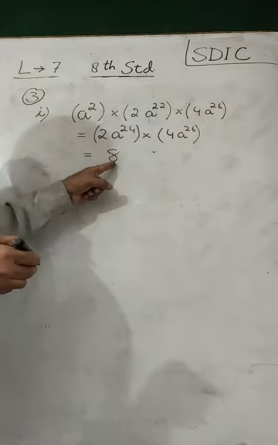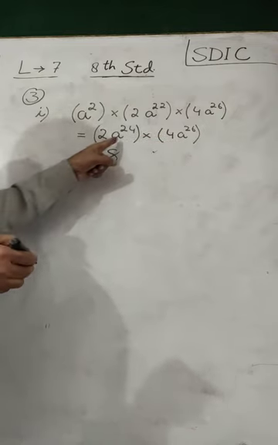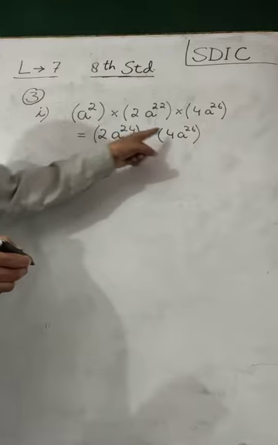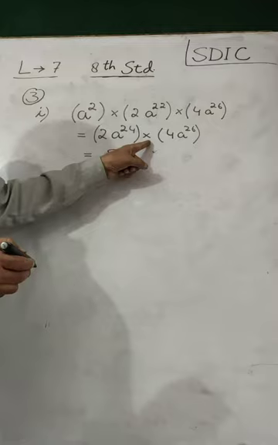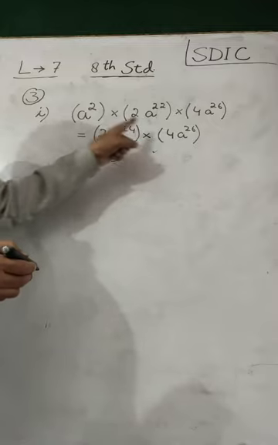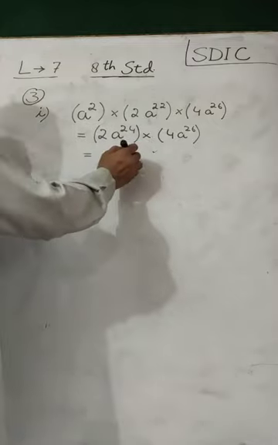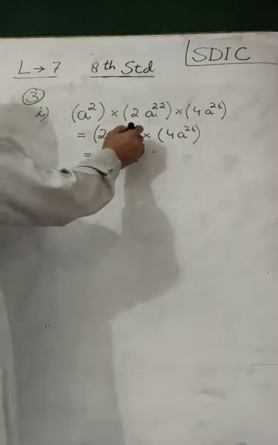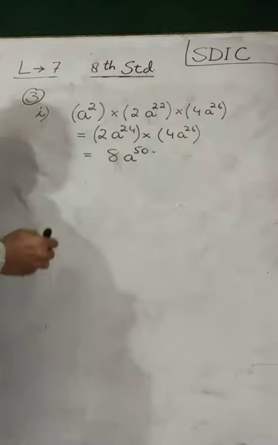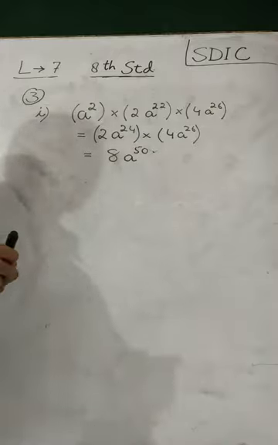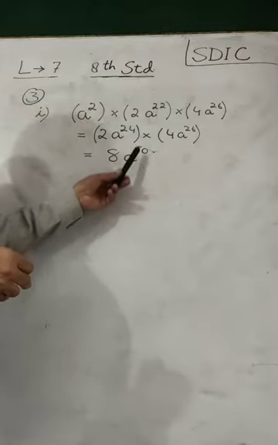This 8 will become the coefficient of the product, and the variable part will be obtained by applying the law of multiplication. Bases are same, powers are added, a raised to power 24 plus 26 means 50. So the answer of part number 1 is 8a raised to power 50.